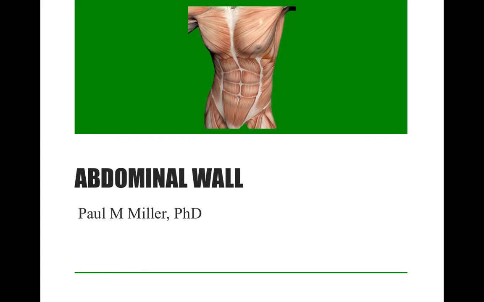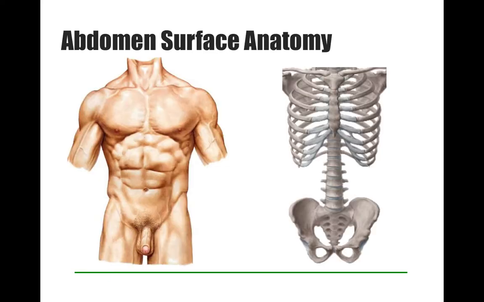All right. When we first look at the abdomen, there are definitely some surface features that we can palpate. The surface anatomy of the abdomen extends all the way down from the xiphoid process, and you can feel the costal margin as well, all the way down to the pelvis itself. There are specific landmarks on the hips and pelvis that you can also palpate in order to get your orientation and which vertebral levels you're actually at.